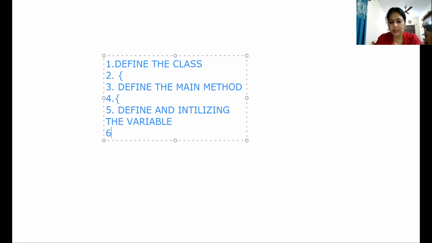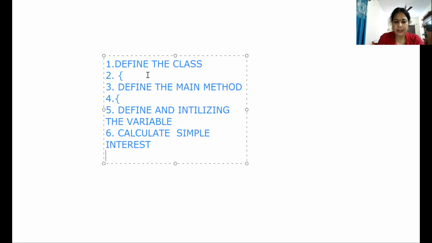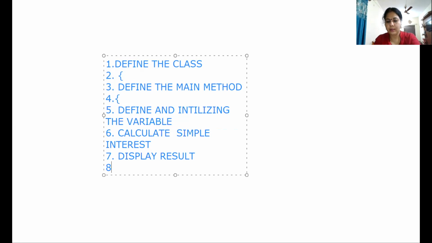Then 6, calculate. Then display, calculate simple interest. Then display the result, close the curly braces.